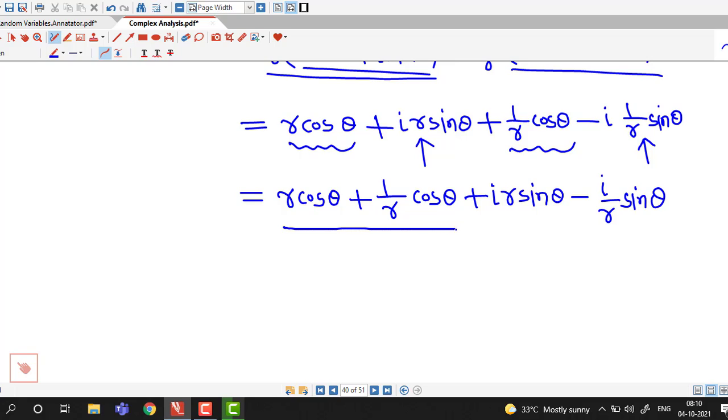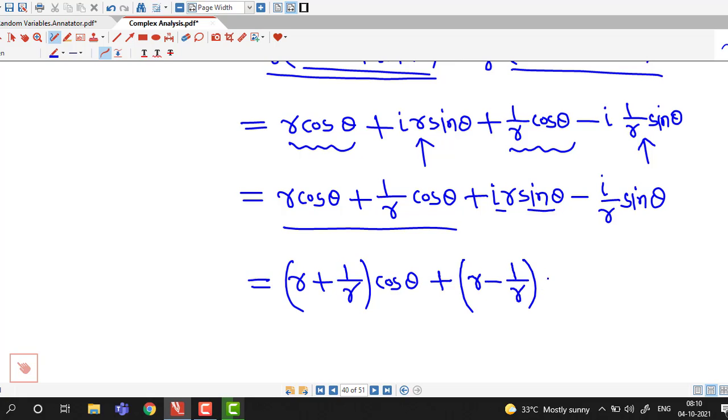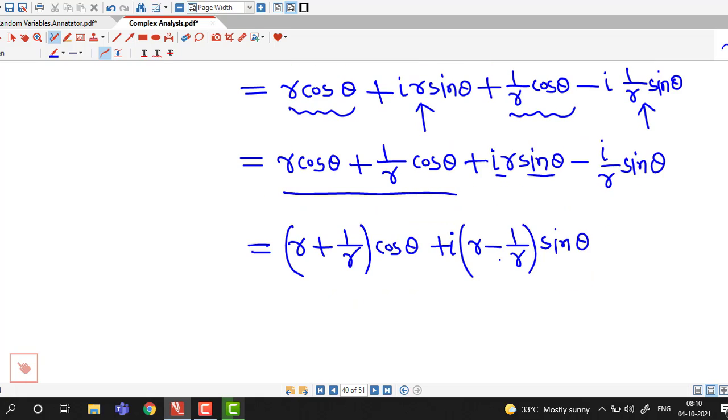Now from these two terms we can take cos theta common, so we have r plus 1 by r, and cos theta is outside this bracket, and here we can take i sin theta common, and we have r minus 1 by r in the bracket.